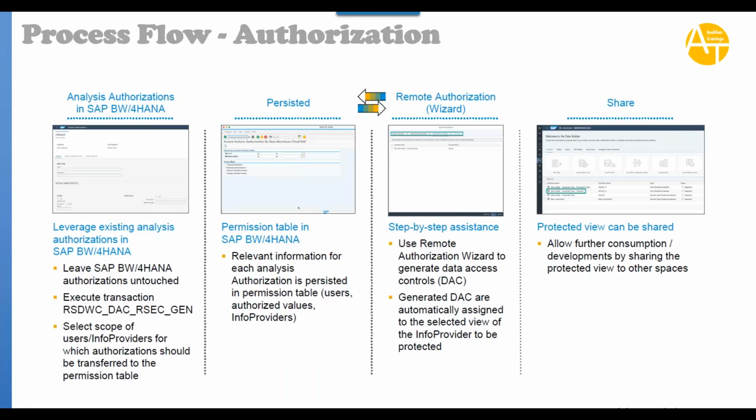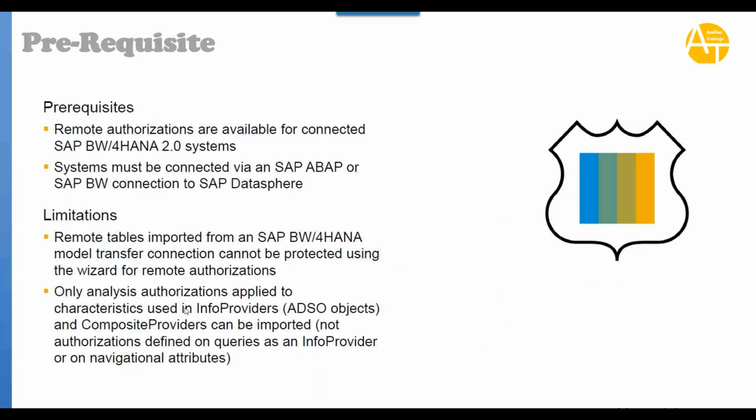This is the flow. So what is remote authorization? They are available starting 2.0 and must be connected via SAP ABAP or BW connection. Remote tables imported from BW for HANA model transfer connection cannot be protected using the wizard of remote authorization.